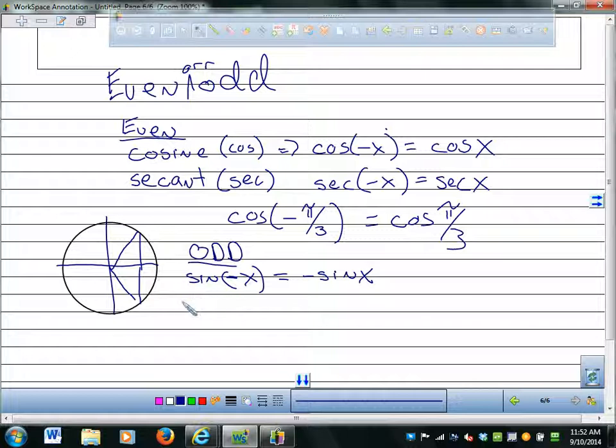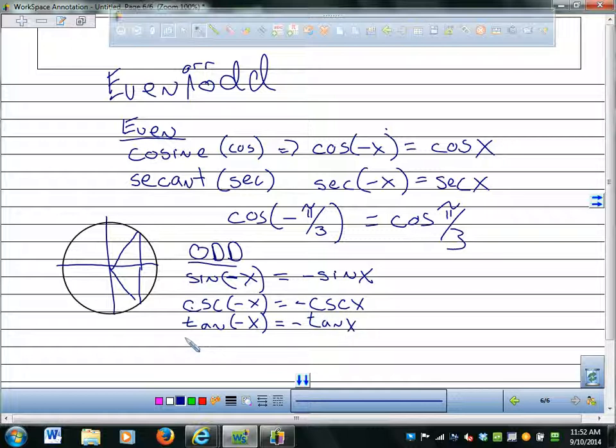And its reciprocal, cosecant of negative x, is also equal to negative cosecant of x. And the tangent, right? Tangent of negative x is equal to negative tangent of x.